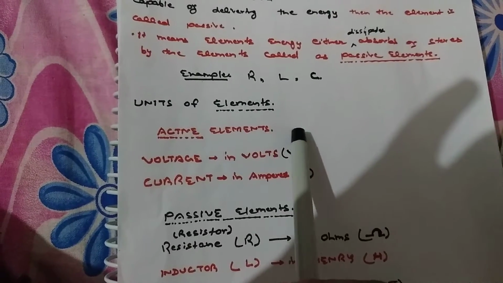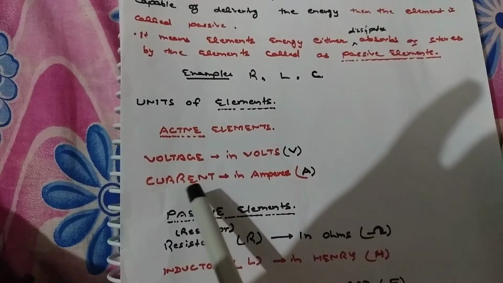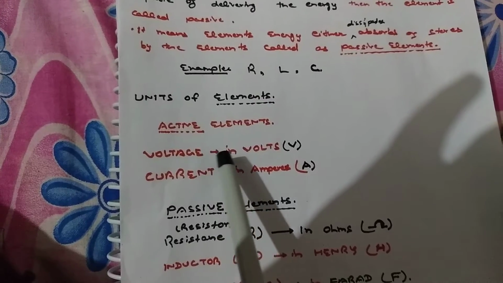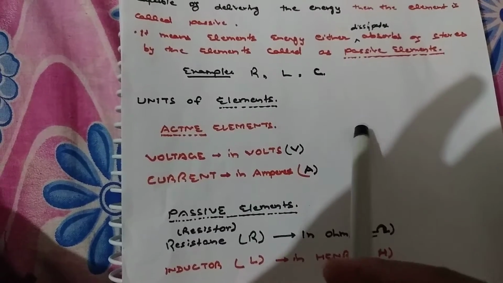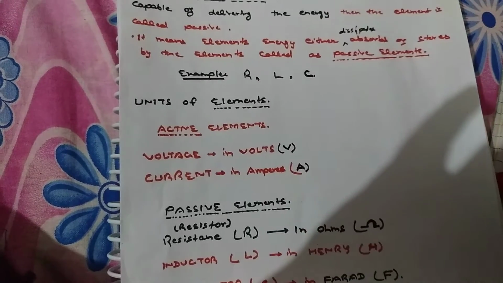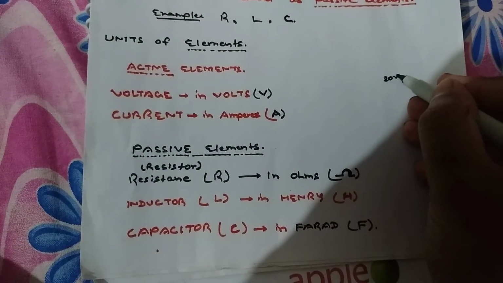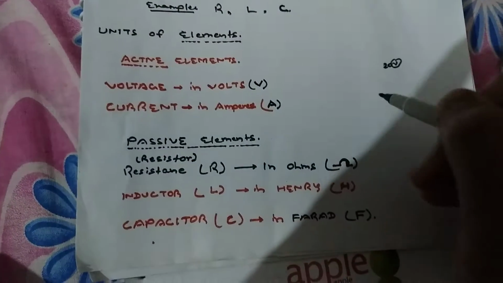Now units of elements. Active elements, voltage source and current source. In a voltage source, voltage is represented by V. Suppose you are writing 20 volt, then V represents voltage.